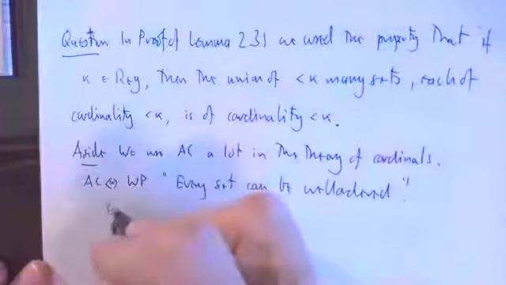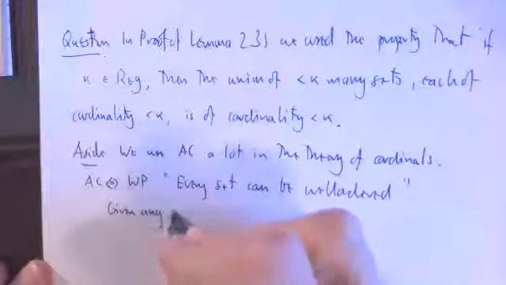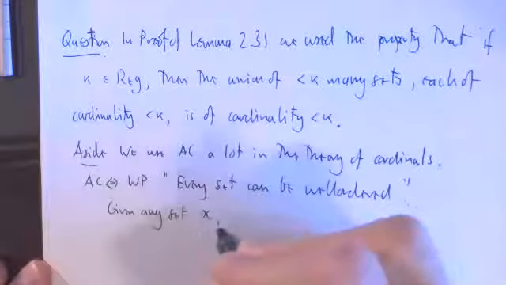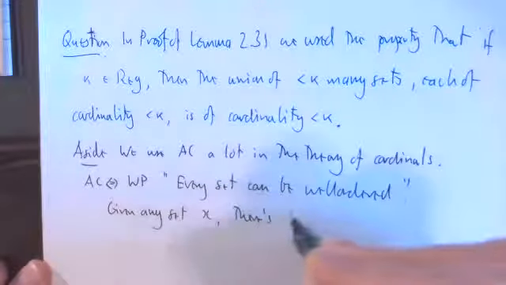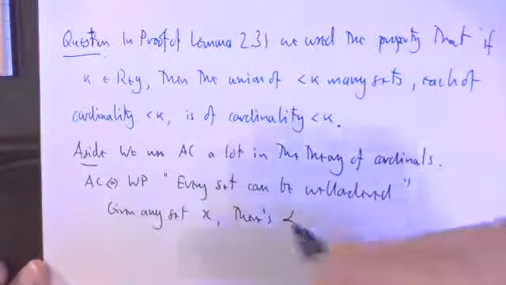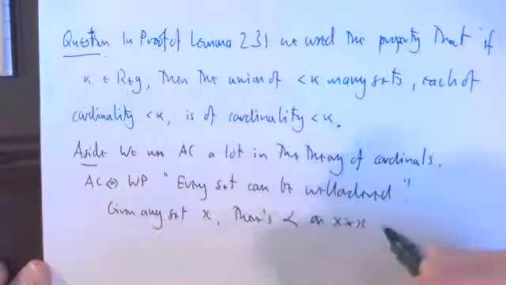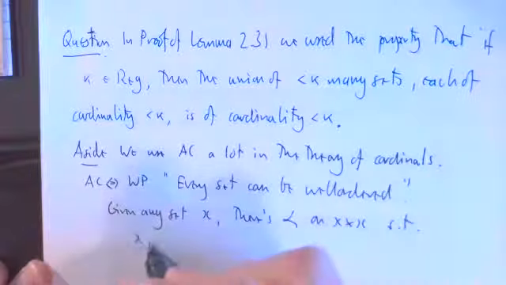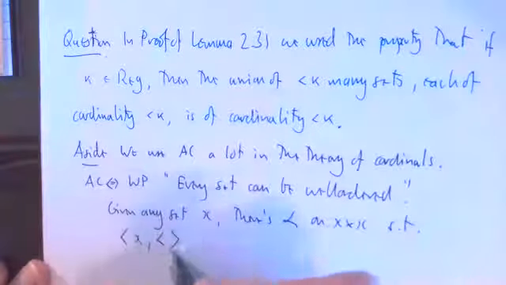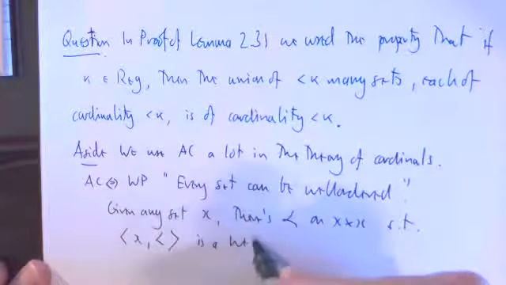So given any set X, there's some relation on X cross X so that X with the less than relation is a well order.